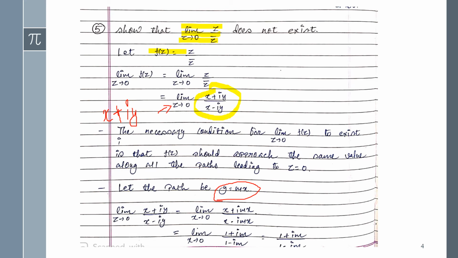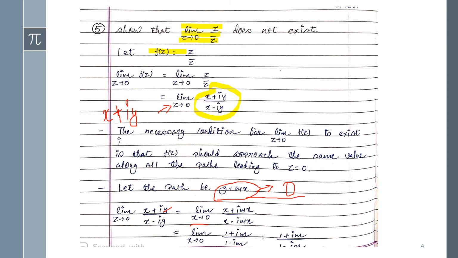So with y equals mx, we apply the limit on y, that is mx tends to 0. But as you all know, m is a constant number, so we get x tends to 0. That's why I have written here x tends to 0. And in place of y we will put mx.